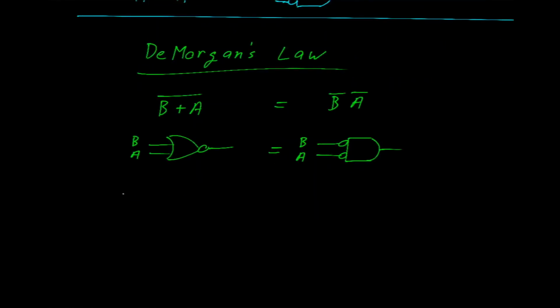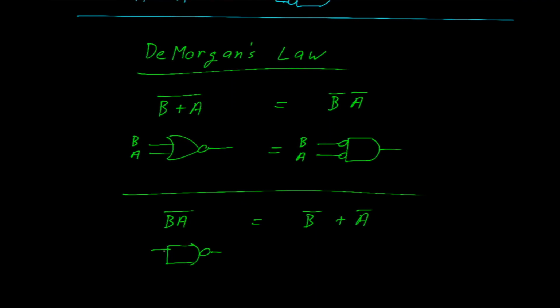We could look at this another way by saying that B and A, all naught, is equal to B naught or A naught. On this side, we have a NAND gate with inputs B and A. And on this side, we have an OR gate with inputs B naught and A naught.